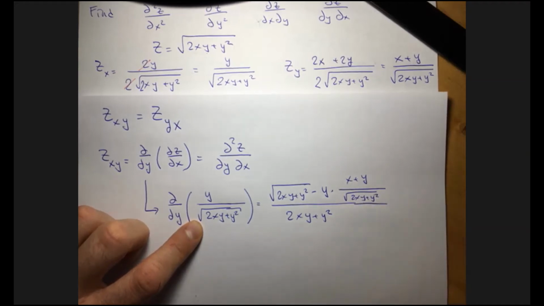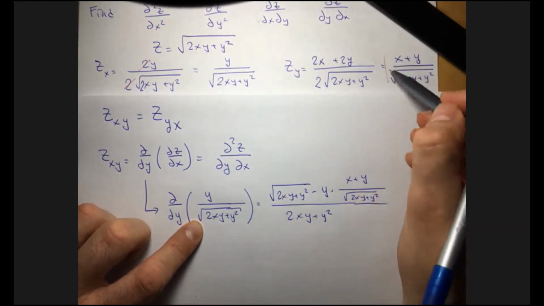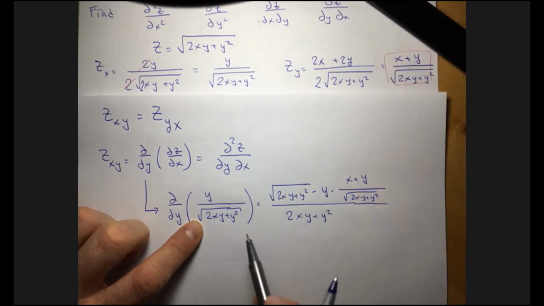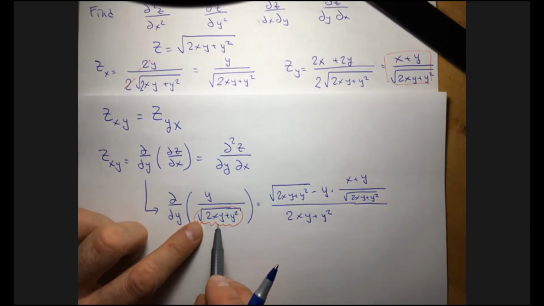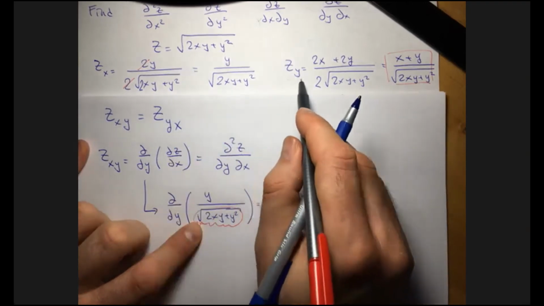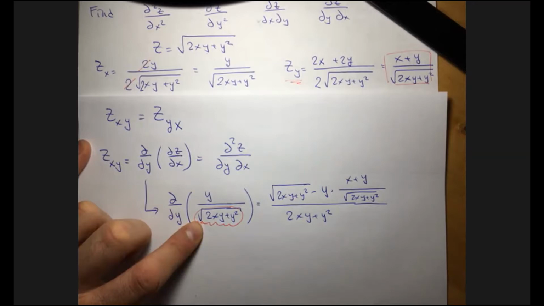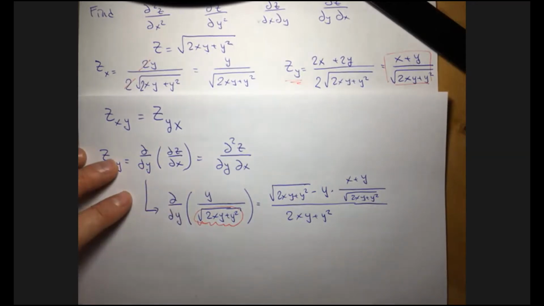Okay, so I just copied it from here. The derivative of this guy with respect to y, I've evaluated it here. I have to figure out ways how to be more effective when you do these problems, okay?